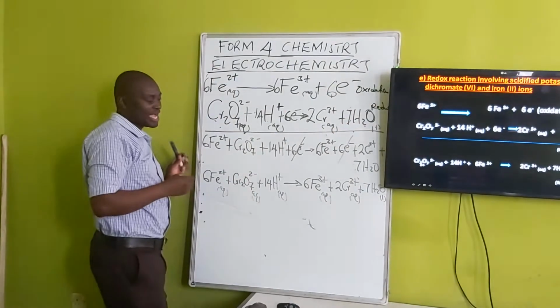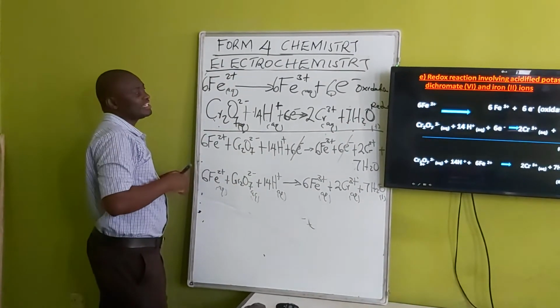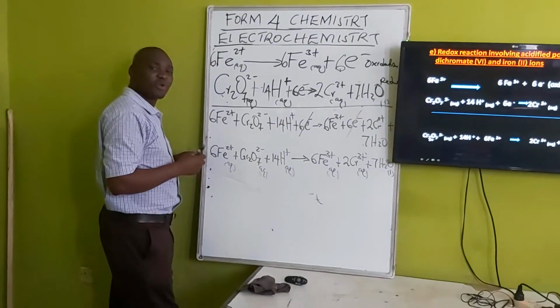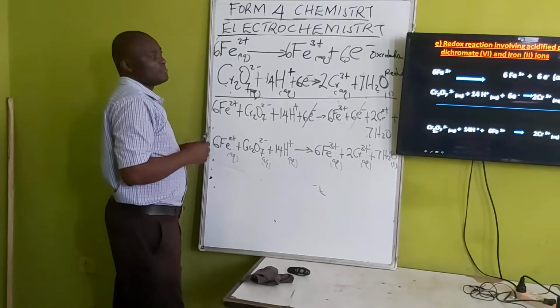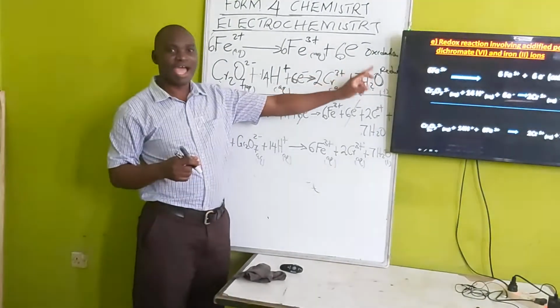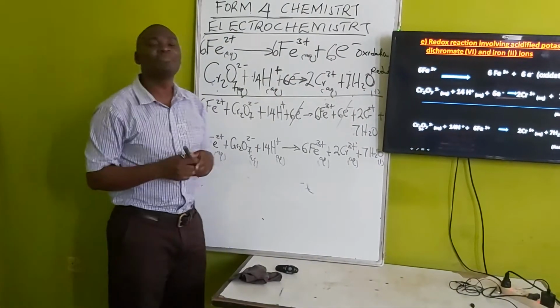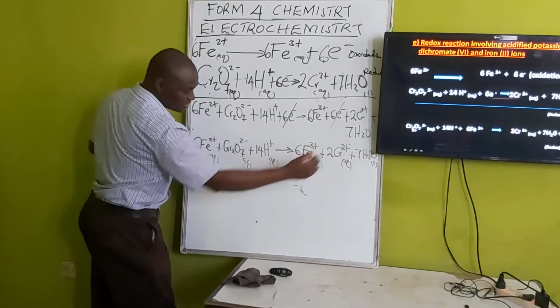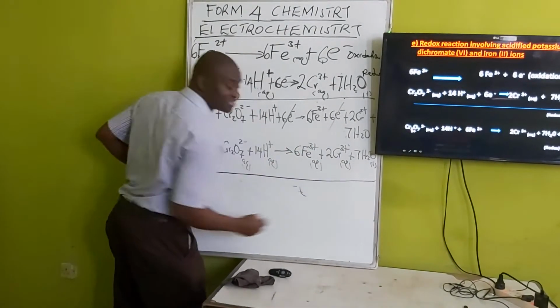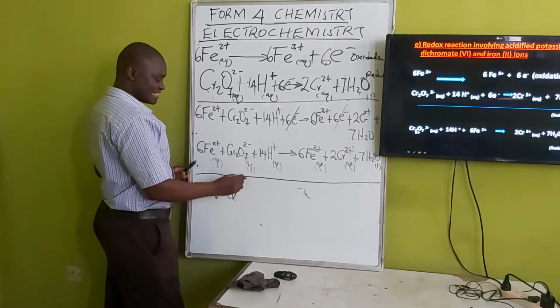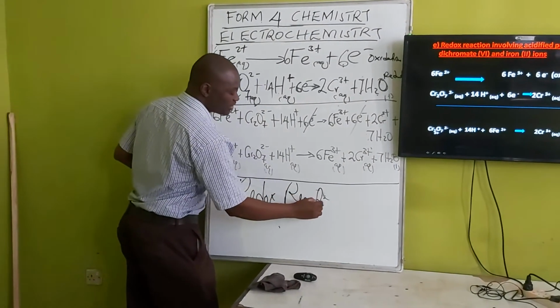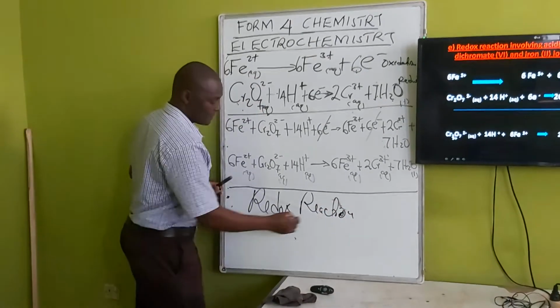And therefore we can conclude that the reaction between Fe2+ and acidified potassium dichromate involves both oxidation and reduction taking place simultaneously. And therefore this equation here, our final equation, represents a redox reaction based on electron transfer.